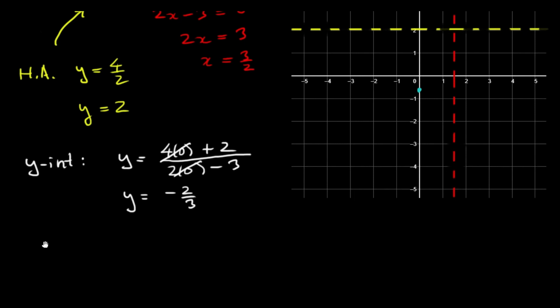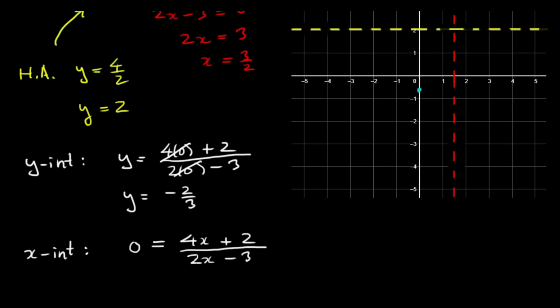Okay, and to find an x-intercept, that's usually a little bit more work. We're going to be on the x-axis, and any point on the x-axis has a y value of 0. So we have a little bit of algebra to do for this one. We have to figure out what x values are going to make this rational expression equal to 0.